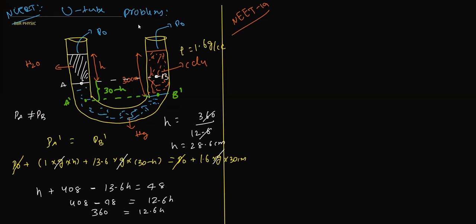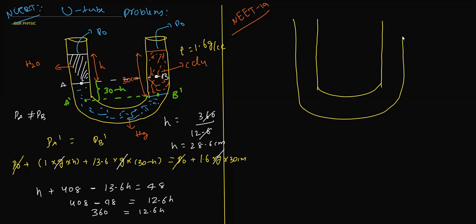Okay. So let me take one more U-tube. We have one U-tube like this, U-shaped tube. They have given a U-tube like this. In this, they filled 2 liquids. They fill 1 liquid up to here.